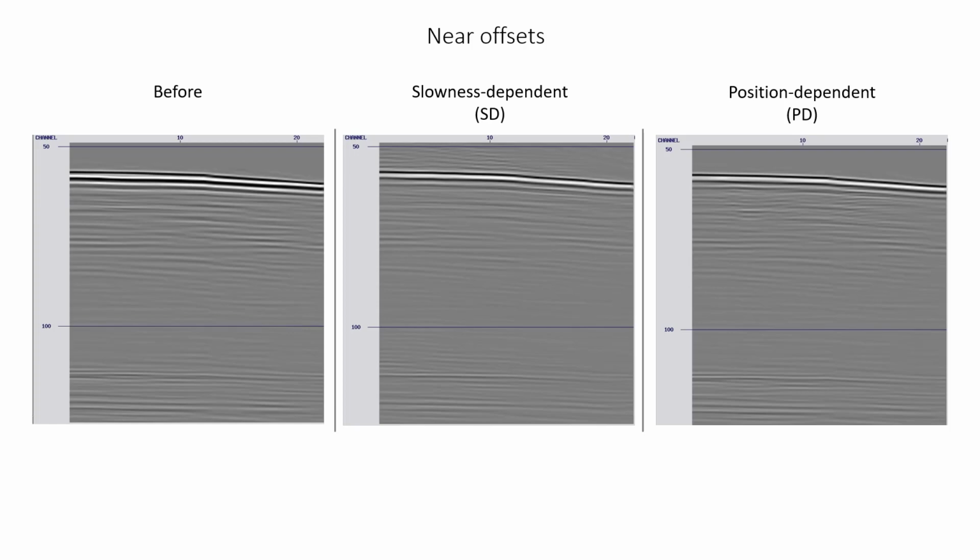The first thing is that there's actually similar degrees of deghosting in the upper parts, we've recovered a similar amount of the frequencies in those parts. But the slowness dependent has quite a few artifacts before the first arrival. Some of that's just ringing, and it's occurring before the start of the trace because the deconvolution is not causal.